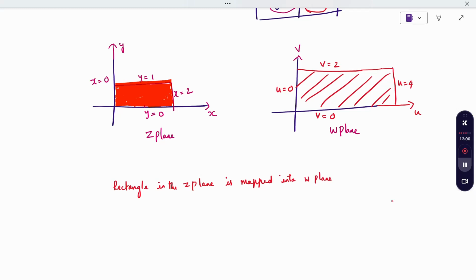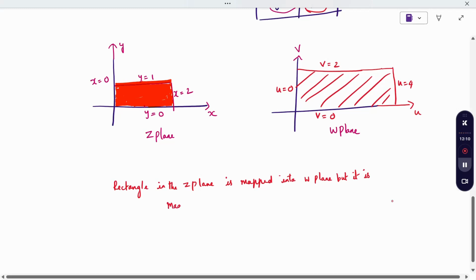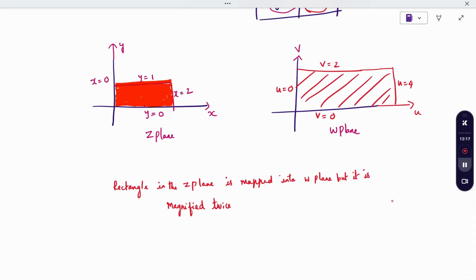Without mapping I cannot do anything. So I have mapped, and it is magnified twice. This is called the transformation, or the conclusion. Thank you.